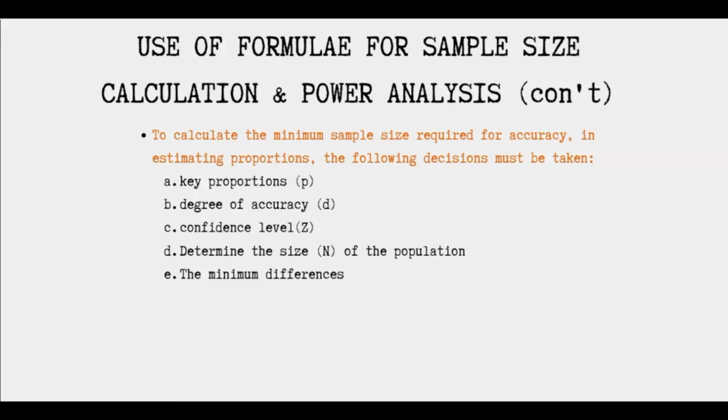Third, decide on the confidence level, Z, you want to use, usually 95% or 1.96. Fourth, determine the size N of the population that the sample is supposed to represent. Lastly, decide on the minimum difference you expect to find statistically significant.